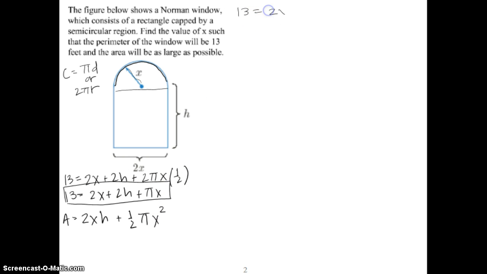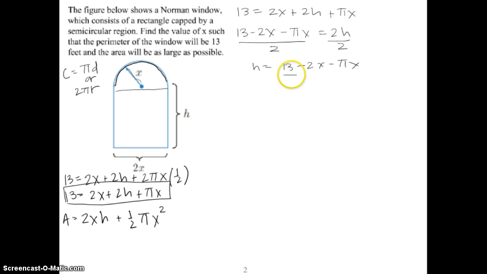13 equals 2x plus 2h plus pi x. So if we subtract everything from the right, we get 13 minus 2x minus pi x equals 2h. Divide both sides by 2, and we get h equals 13 minus 2x minus pi x over 2.